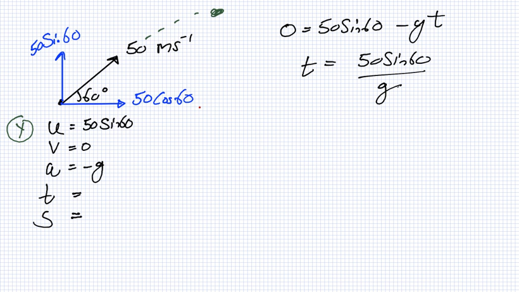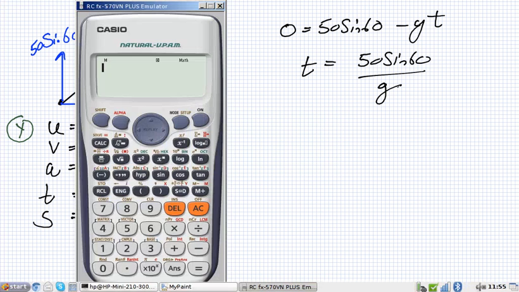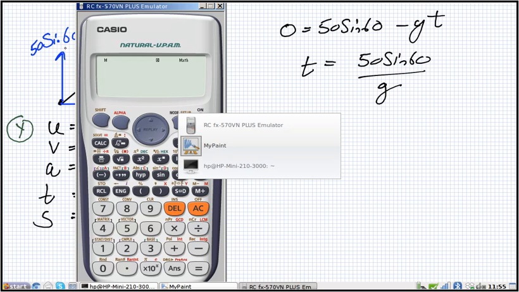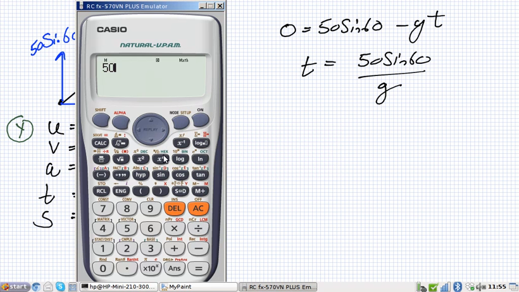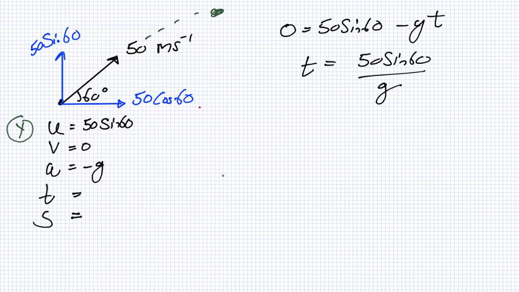Okay, so sine 60 divided by 9.81, 4.42, let's say. 4.42 seconds is the answer for the time.